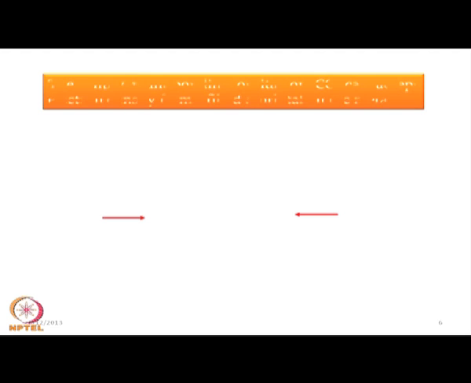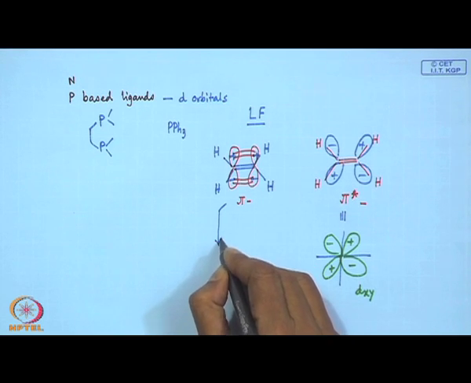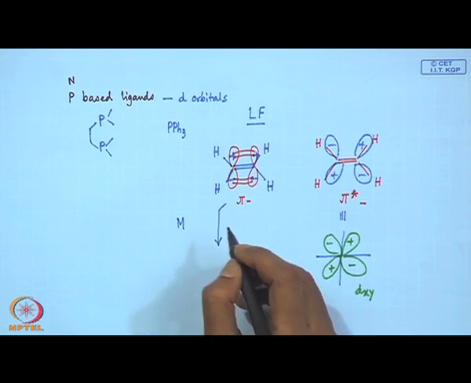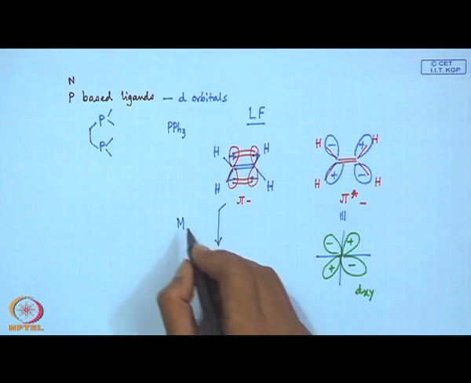So, what we see therefore is that the empty pi antibonding orbital can be present not only for CC bonded species like ethylene. Why are we talking so much about this ethylene molecule? Because the ethylene molecule is a very interesting molecule for some of these reactions where it can interact with the metal center.